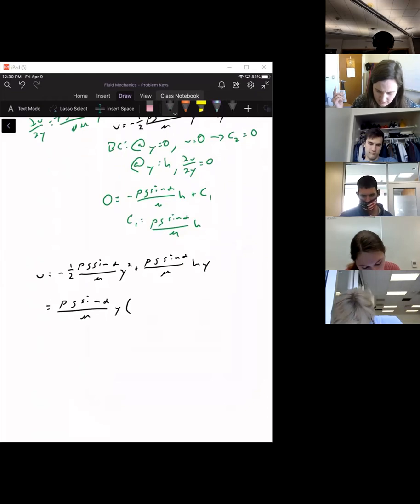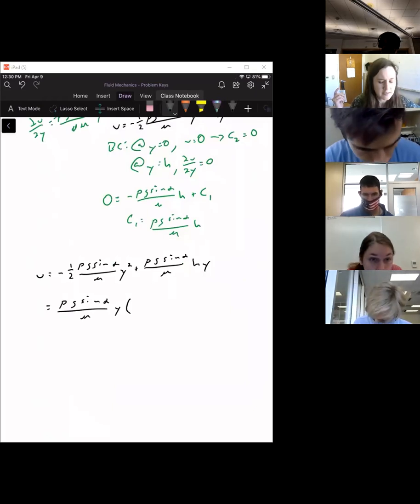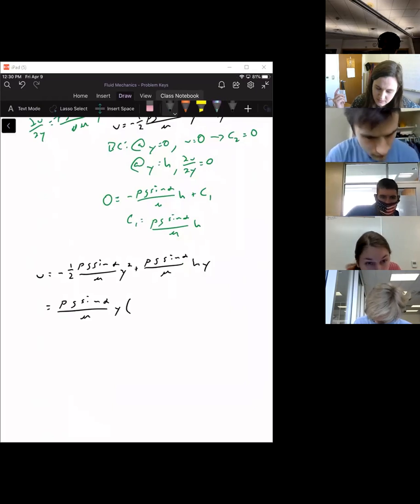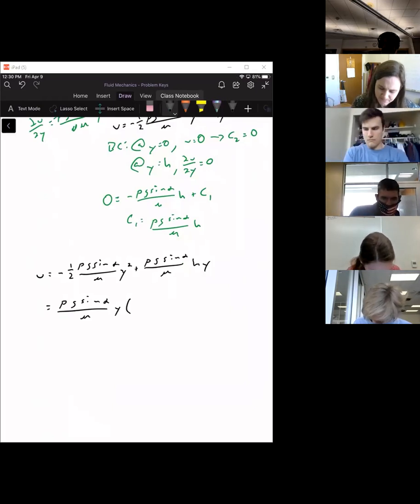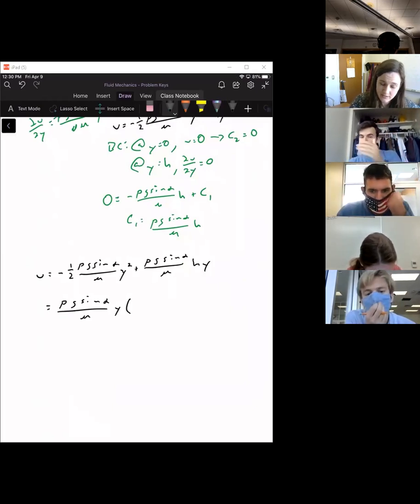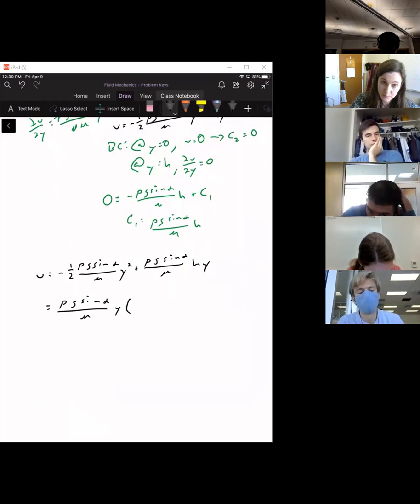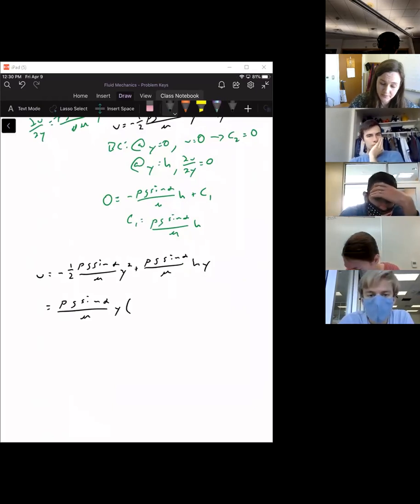times, let's see, is it h minus 2y, or? Should be 1/2 y. No, but it's because, see, if I wanted to add these two fractions together, I would multiply 2 over 2 by both of them, right?